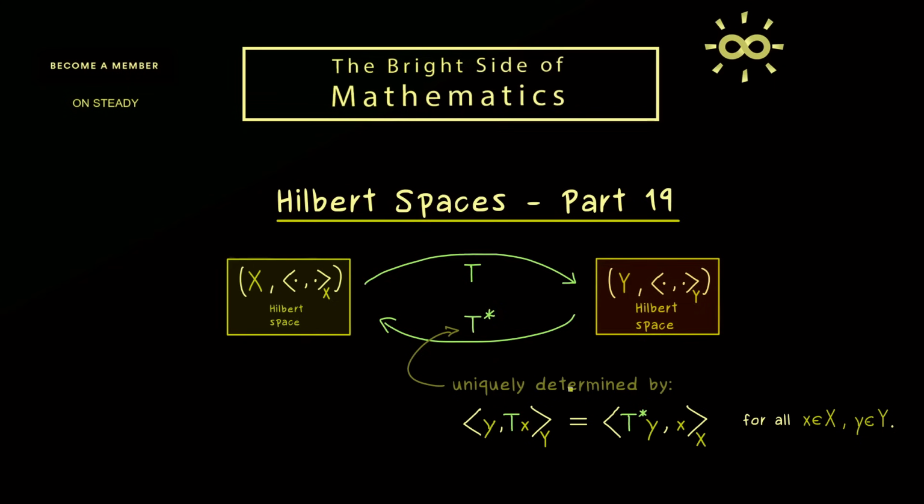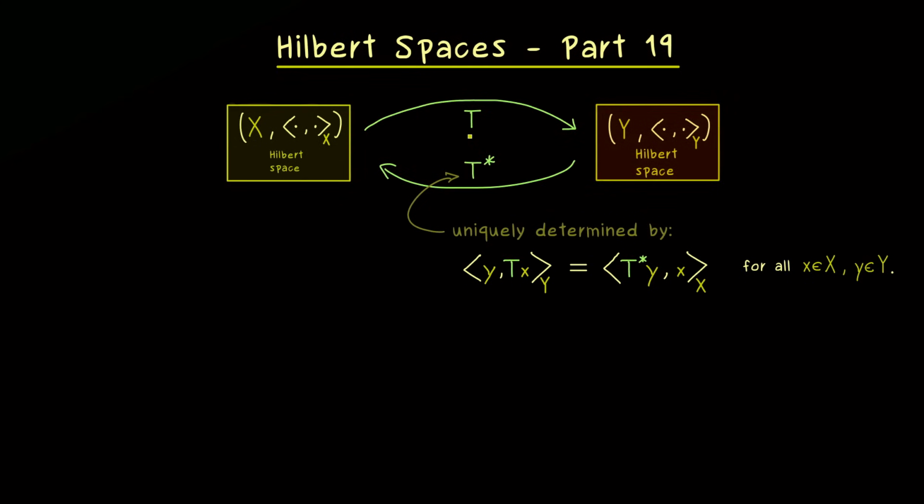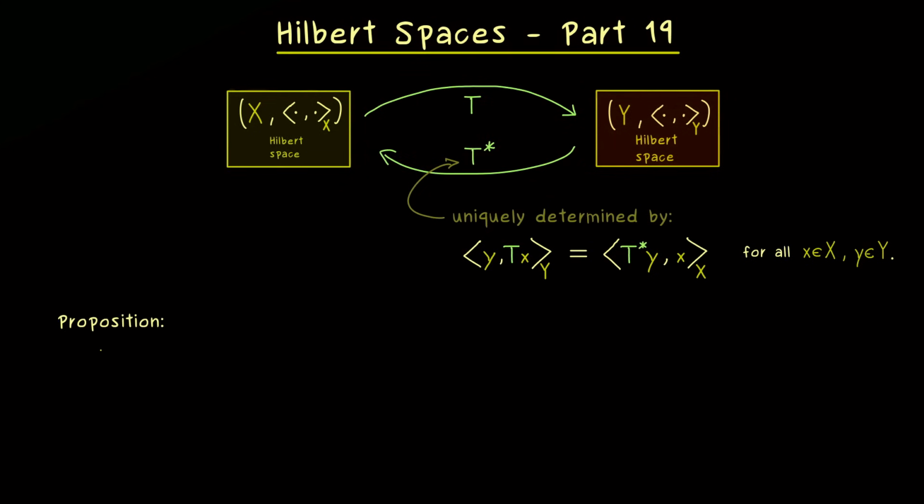And we want to have this identity for all x in X and y in Y, and then we know that T star exists and is uniquely determined. So this is something you should remember. This adjoint operator always makes sense for a bounded linear operator between two Hilbert spaces. And now, as promised, let's prove some important properties of this adjoint operation.